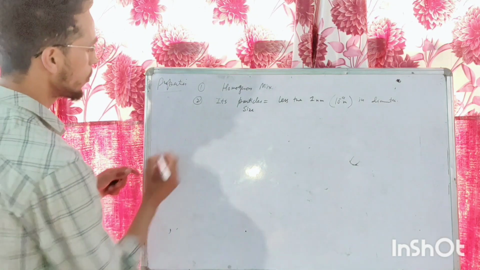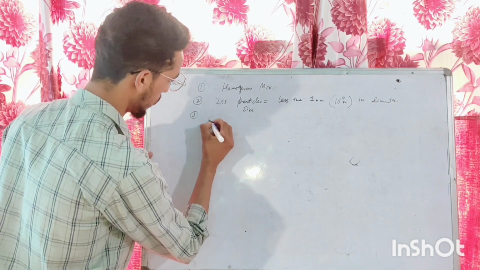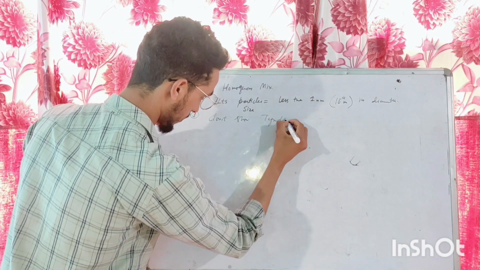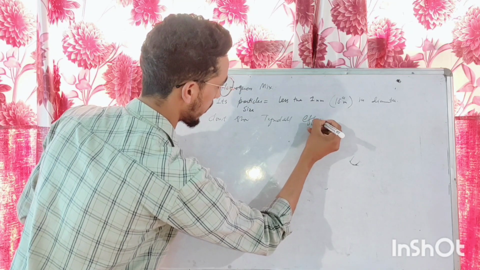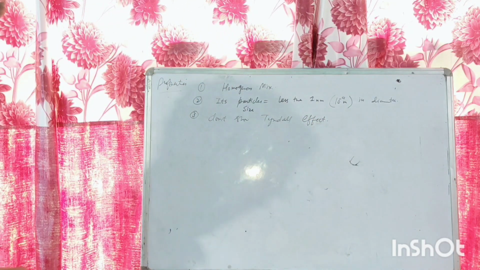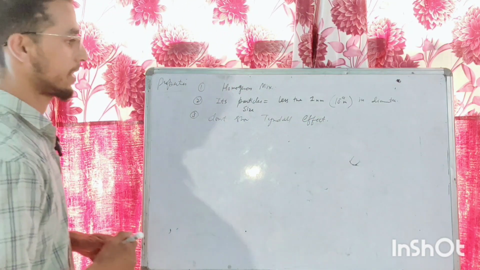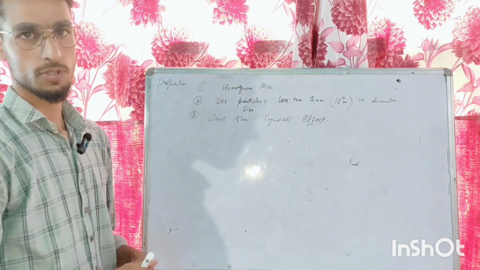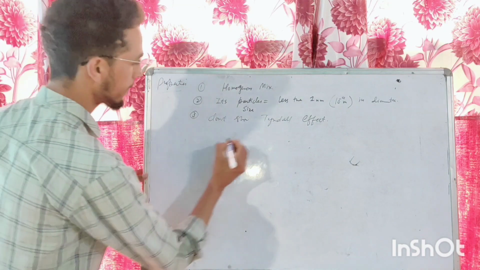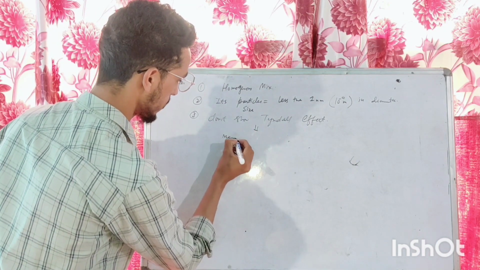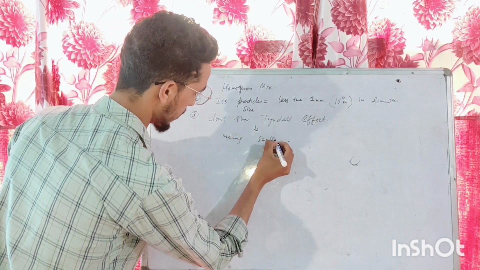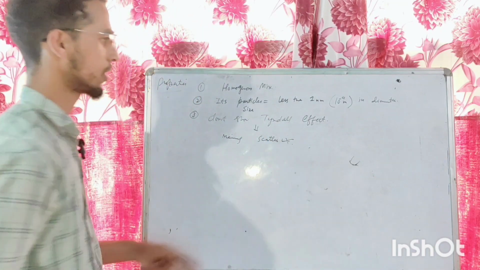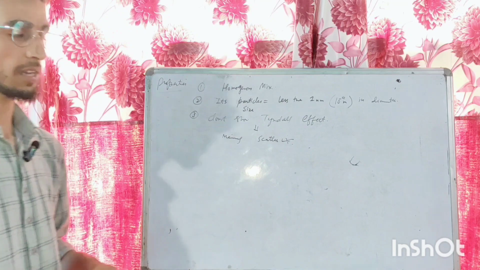Third thing is they do not show the Tyndall effect. Tyndall effect means they scatter the beam of light. Since they do not show the Tyndall effect, they will not scatter the beam of light. Okay, so scattering will not happen in them, because the particle size is very small, very minute, like 10 to the power minus 9 meter.